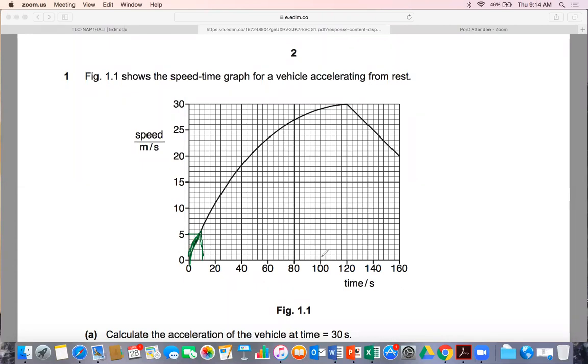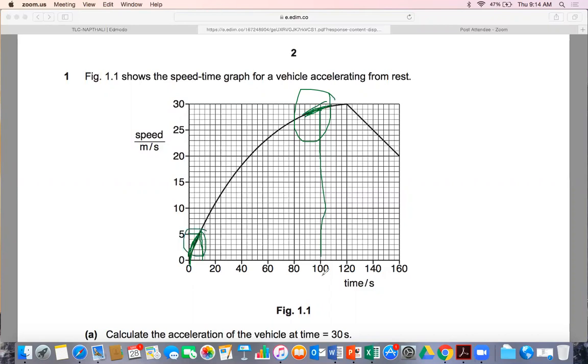Compared to when it is 100 seconds, which is here, from the previous to here is not a big jump, it's flatter. So the acceleration here is a slower rate or faster rate? Slower rate. Here it's not increasing as fast. Not that there's no acceleration, it's just that it is not increasing as fast as compared to here.